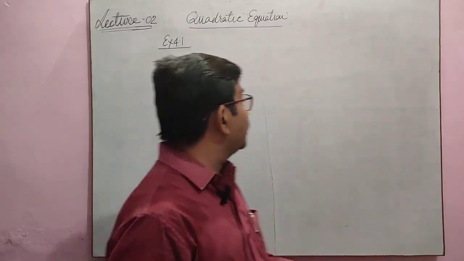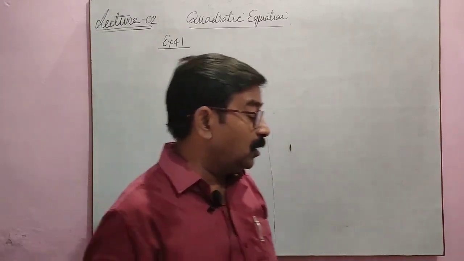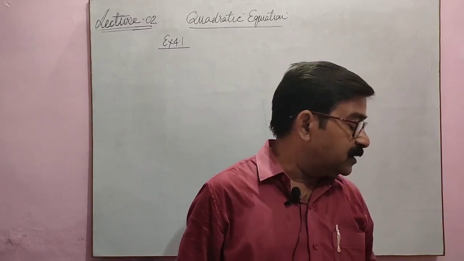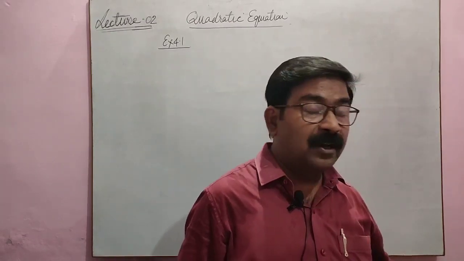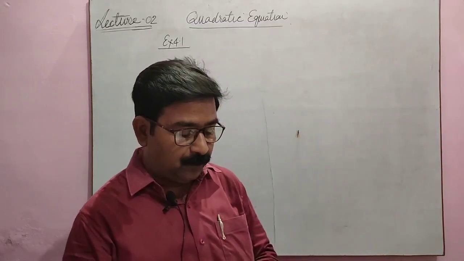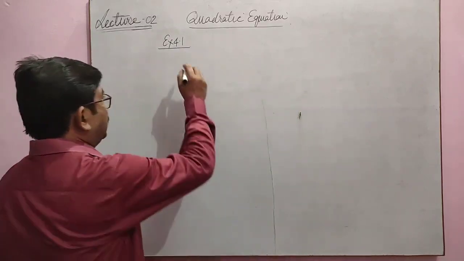So I am going to start exercise 4.1. In exercise 4.1, question number 1 is to check whether the given equations are quadratic equations. So you have to simplify. I am doing one of the parts and the other parts you can check like that.